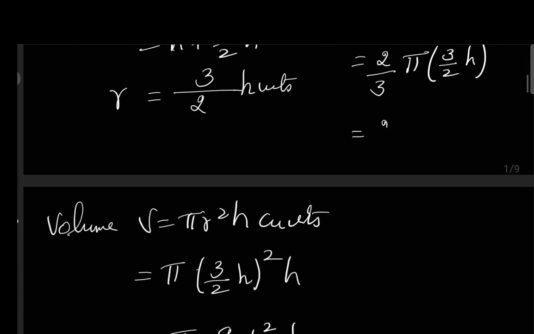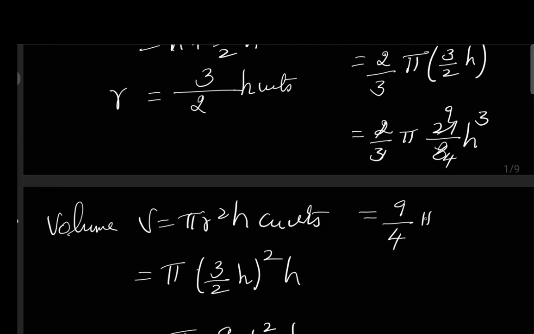So 2 by 3 pi, 3 cube is 27, 2 cube is 8, h cube. So you can cancel this: 9 times it goes here, 4 times it goes. 9 by 4 pi h cube, cubic units.